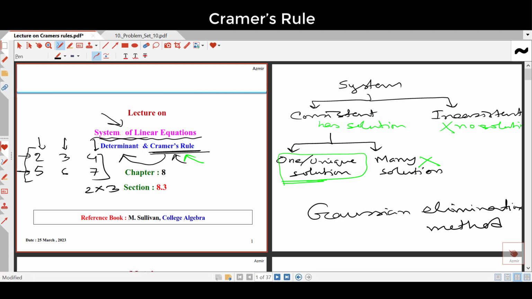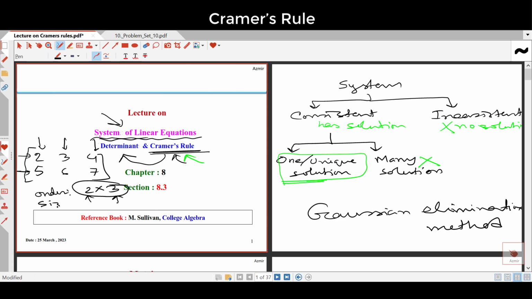So we write this as 2 by 3. Although we are writing 2 multiplication 3, we pronounce this one as 2 by 3. That means this is the order of the matrix, that has 2 rows, 3 columns.